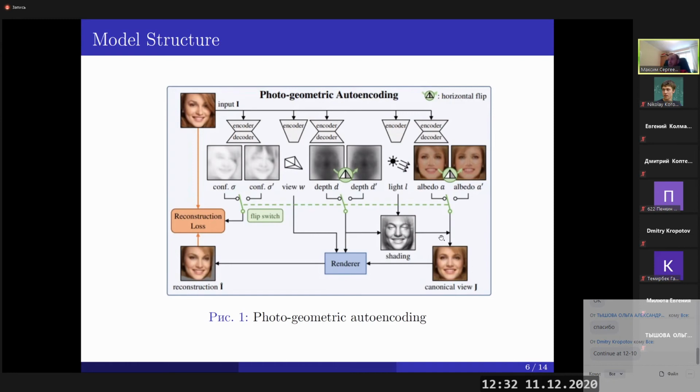Then we combine all this into a renderer that gives us a reconstructed image. And then, like an ordinary autoencoder, we use a reconstruction loss to train our model end-to-end.